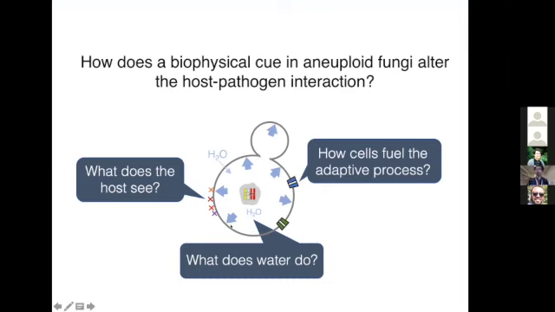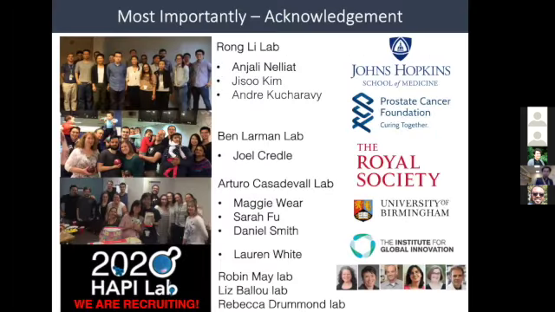How does the host, okay, see these fungal pathogens? And how do these cells really survive the adaptive process? So we don't know that, but with our finding, we feel like we have now opened a big window to think about this question again, beyond the genetic mutations or anything we thought of before.